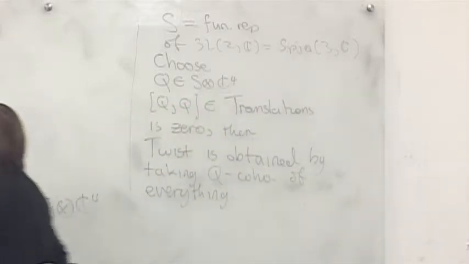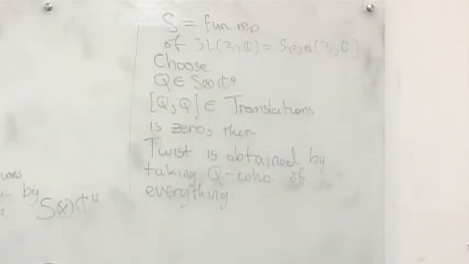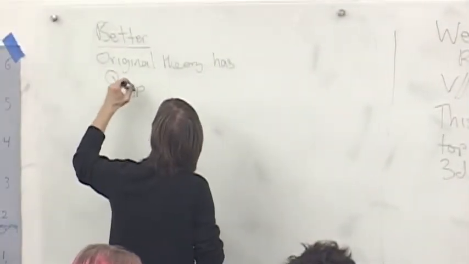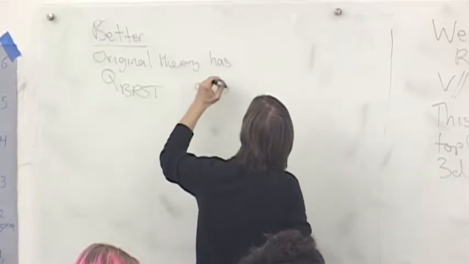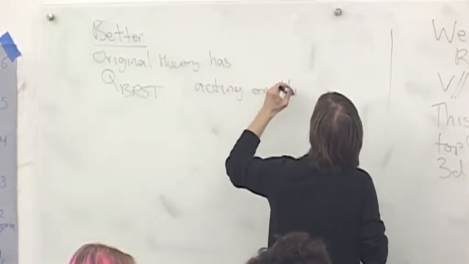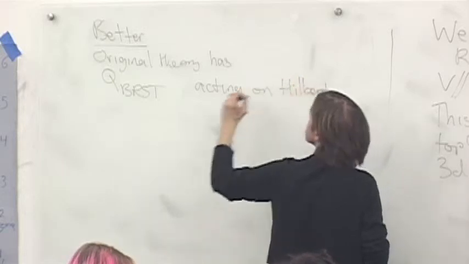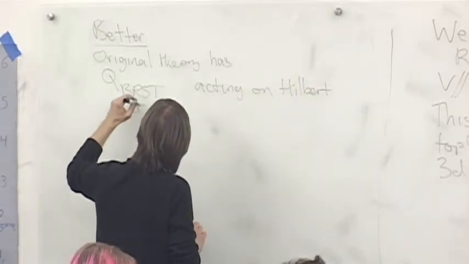Maybe a slightly better way to say it is: everything in our original field theory. The original theory has some kind of BRST differential acting on the Hilbert space and everything else. Just so I understand, at the beginning you told us one definition of what a field theory was supposed to be.